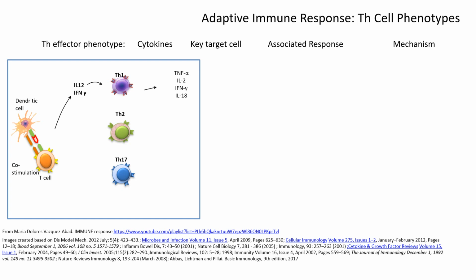This Th1 phenotype is characterized by the production of several cytokines such as TNF-alpha, interleukin-2, interferon gamma, and interleukin-18. This is important because these cytokines target a key effector cell that is called the macrophage.